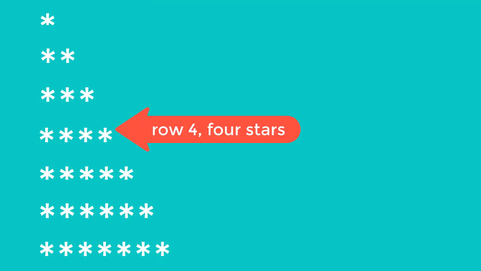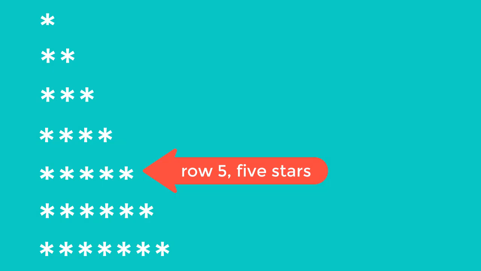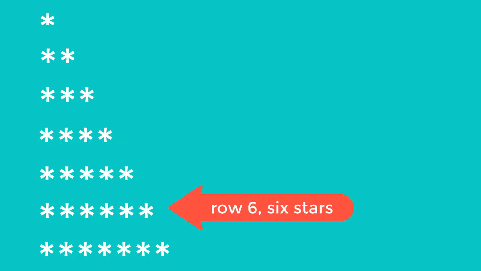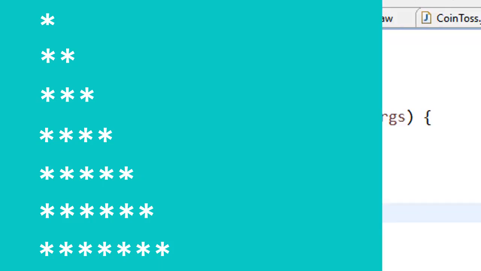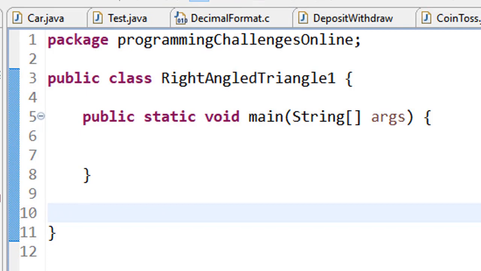So we have to design a loop which will have the number of stars printed controlled by the number of rows. So we are going to use 2 loops, that is 2 for loops here. We are going to print a right angle triangle using asterisks, and it's going to be a right angle triangle facing right up. First, I'm going to define a method.